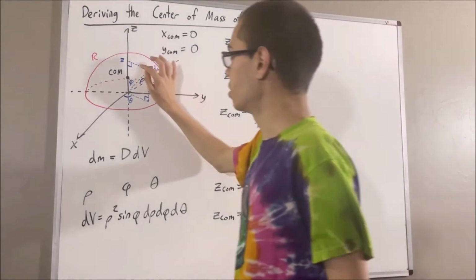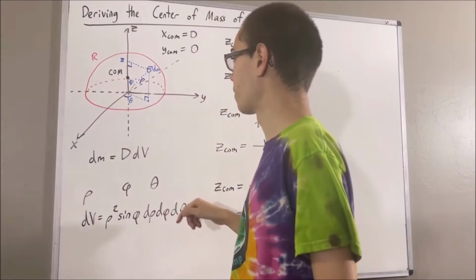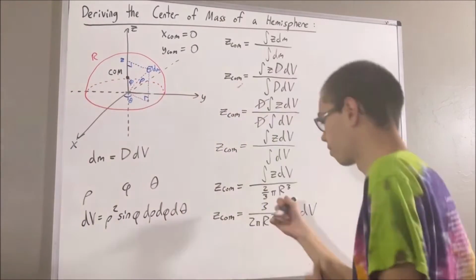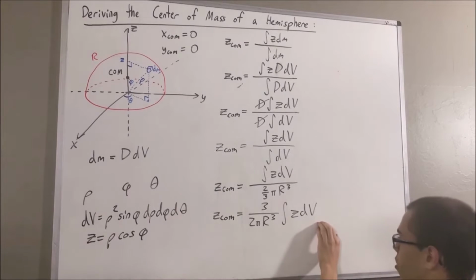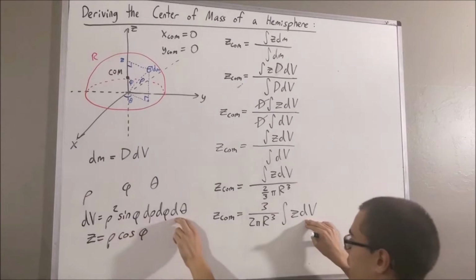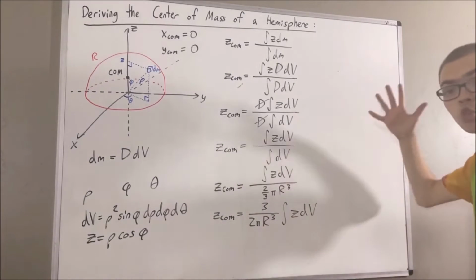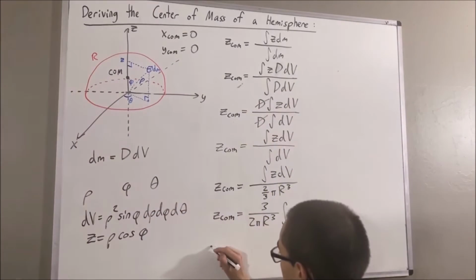Well, we can use this right triangle to derive what it is. z is equal to rho cosine phi. So now, let's rewrite this integral by substituting z for this and dv for this. In doing so, we realize that we're evaluating a triple integral because we have three differentials.